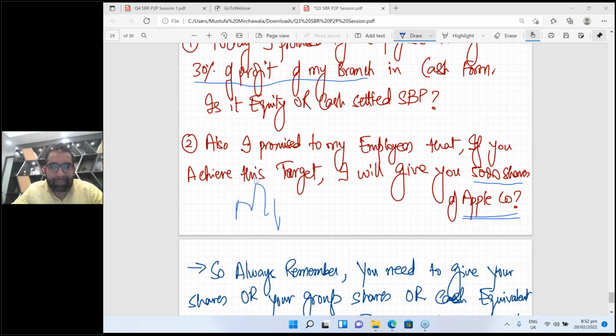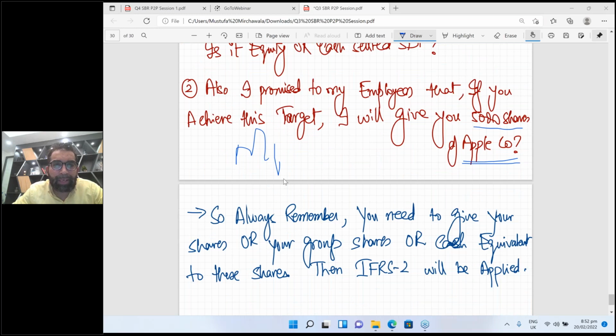Okay, and now read this scope. IFRS 2 is applied when you give your own shares, or your group shares, like parent, subsidiary 1, subsidiary 2, these all are group members. Any group member can give shares, or you give the cash equivalent to the share price of your own or your group shares, then IFRS 2 is applied.